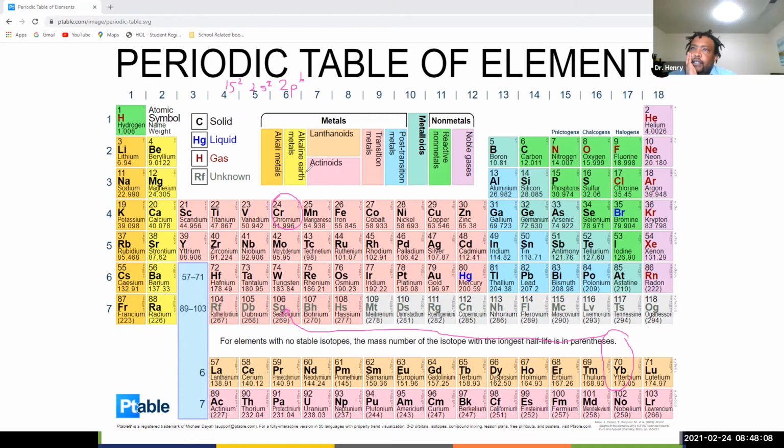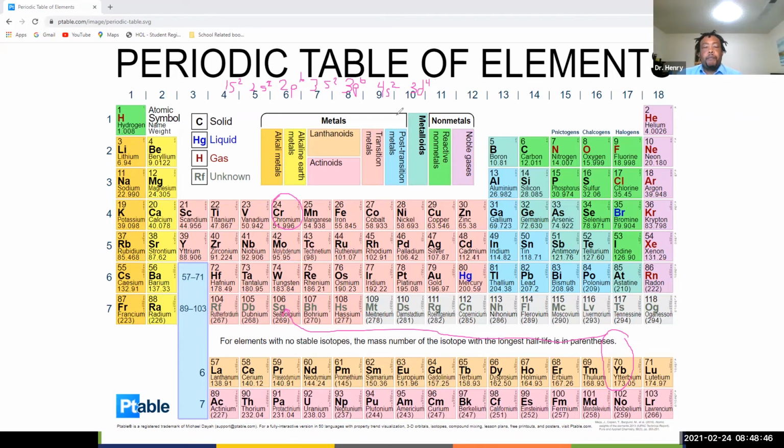So 2p6, so that's 1s, that's 2s, that's 2p, that's 3s2, that's 3p6, and then that's 4s2, and then it is 1, 2, 3, 4, 3d4.